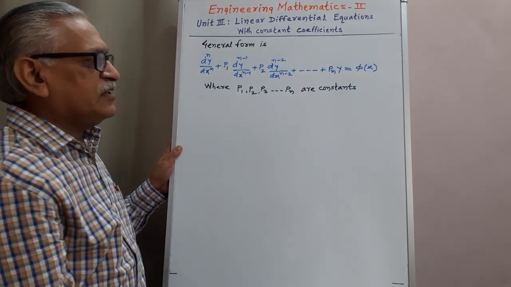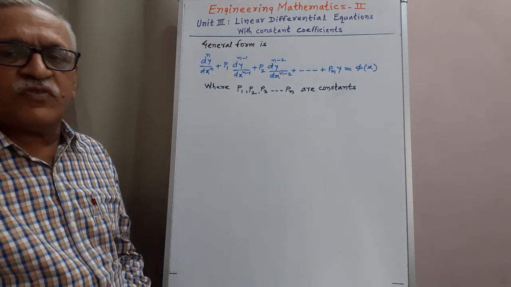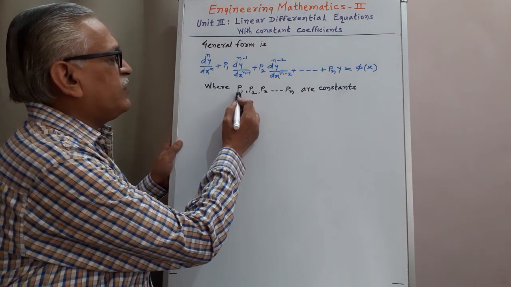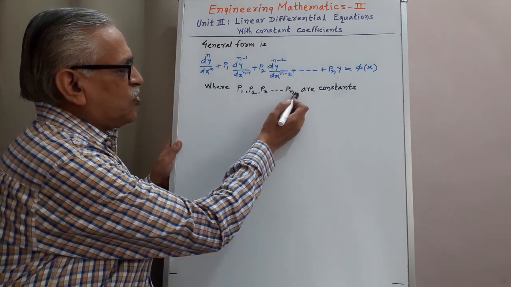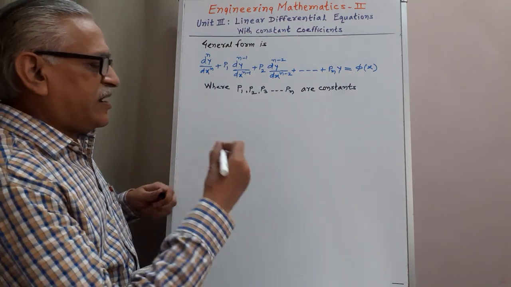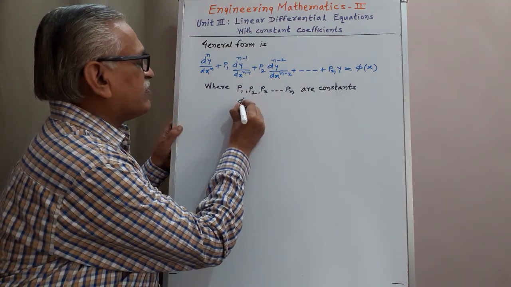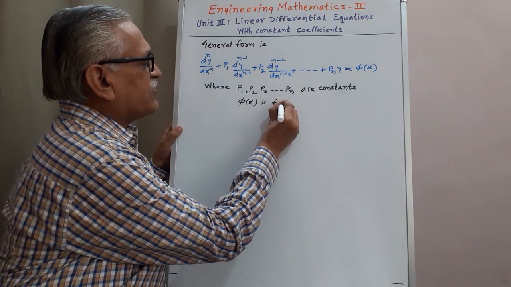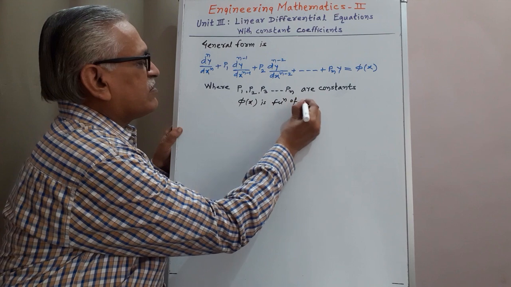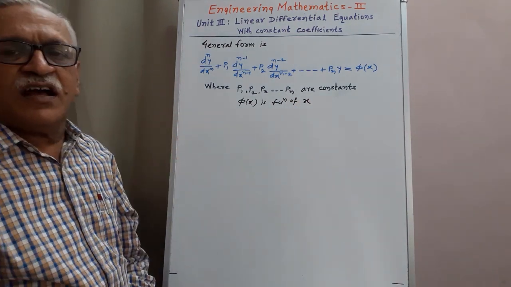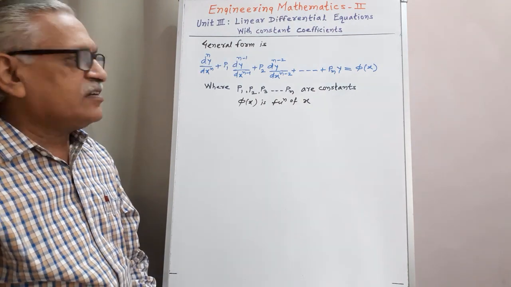The last term is pn into y, equals phi of x, where p1, p2, p3 and so on up to pn are constants and phi of x is a function of x. This is called a linear differential equation.